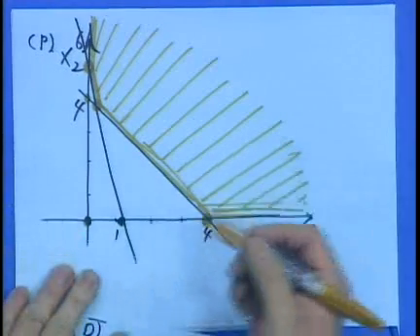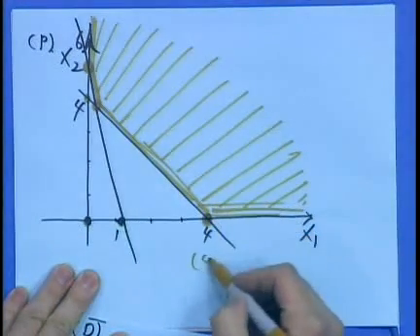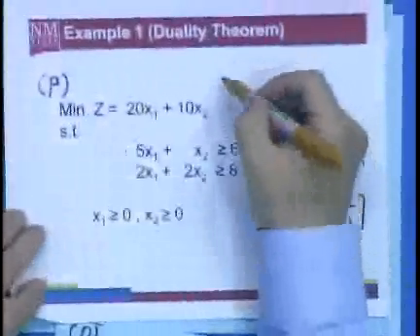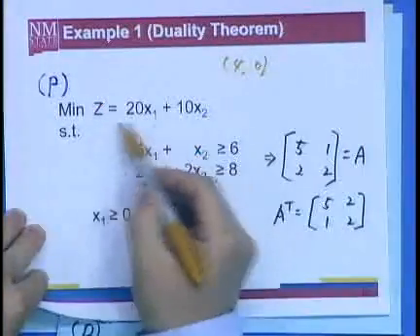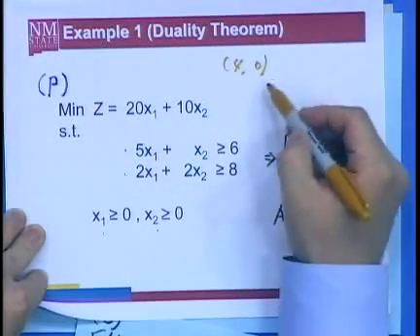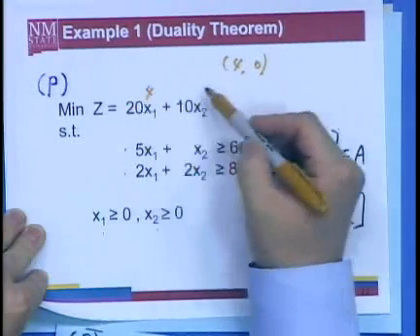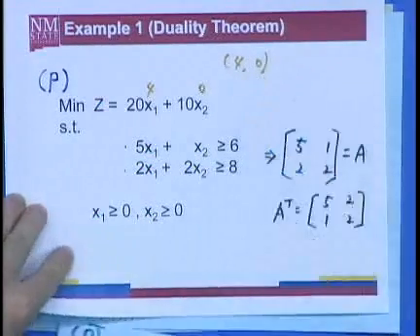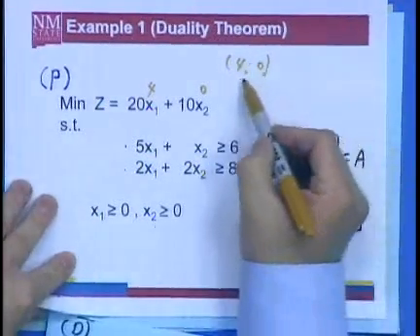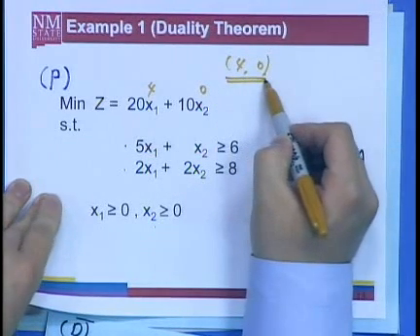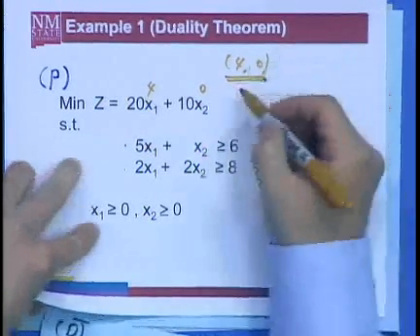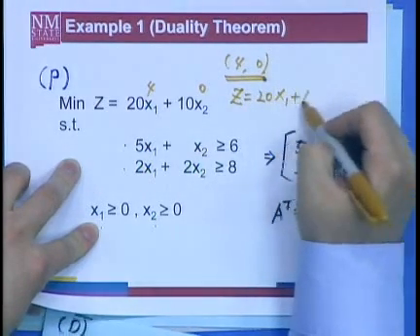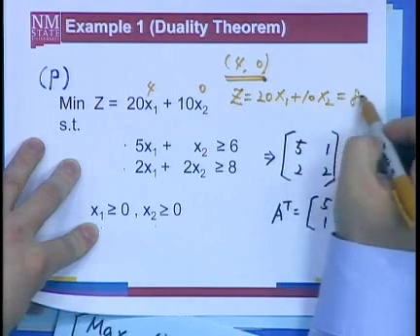So for example, if I choose the point 4, 0, with 4, 0 the objective function value becomes 80, right? 20 times 4 plus 10 times 0 becomes 80. So we may say the point 4, 0 lies on the isovalue line 20x1 plus 10x2 equals 80, right?